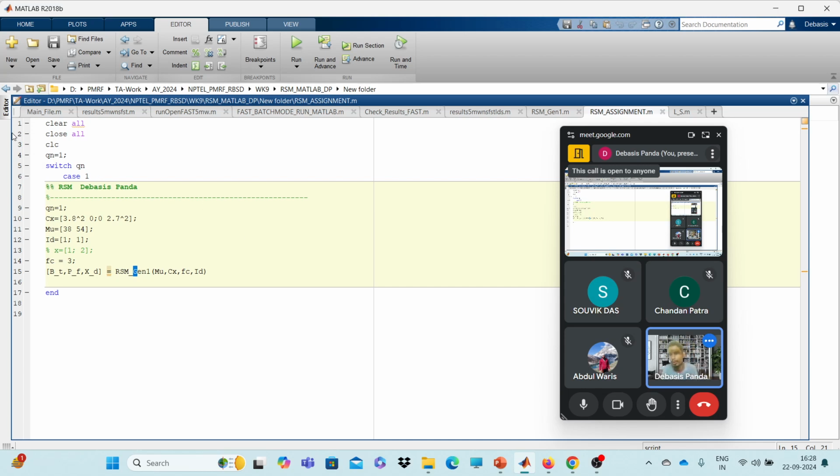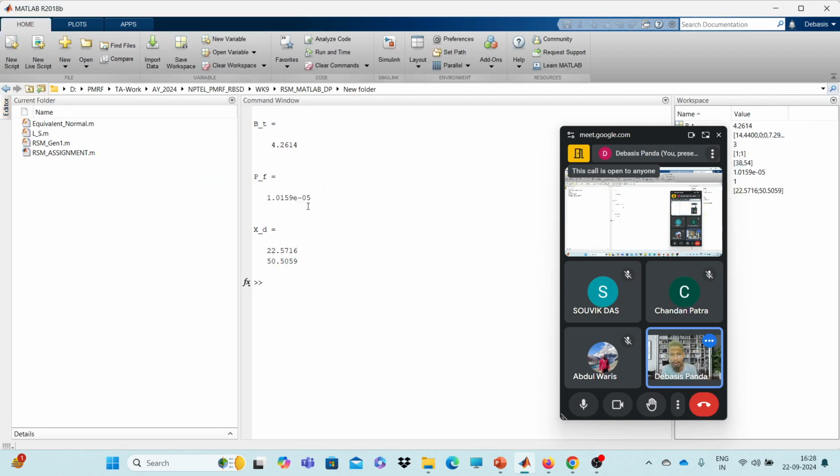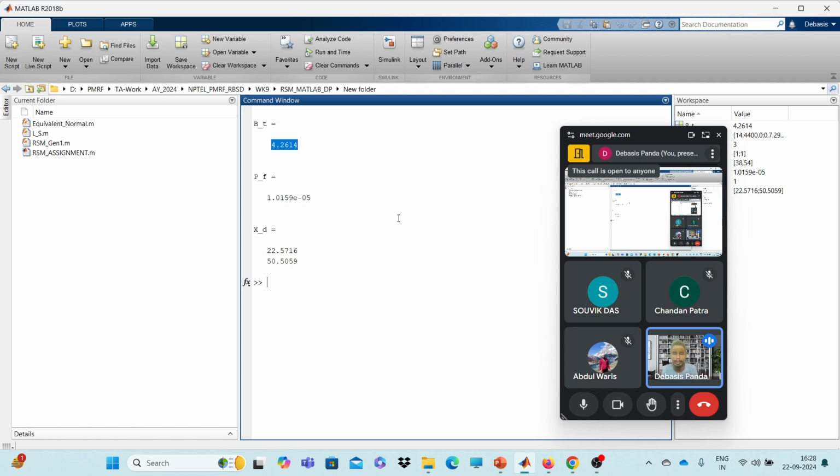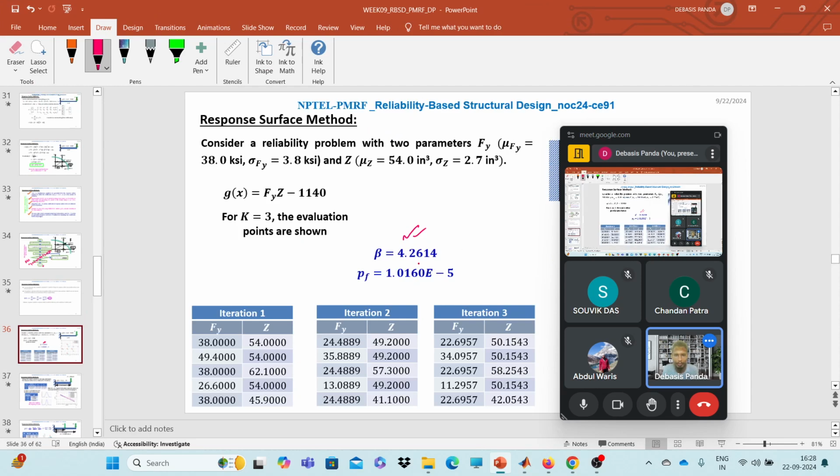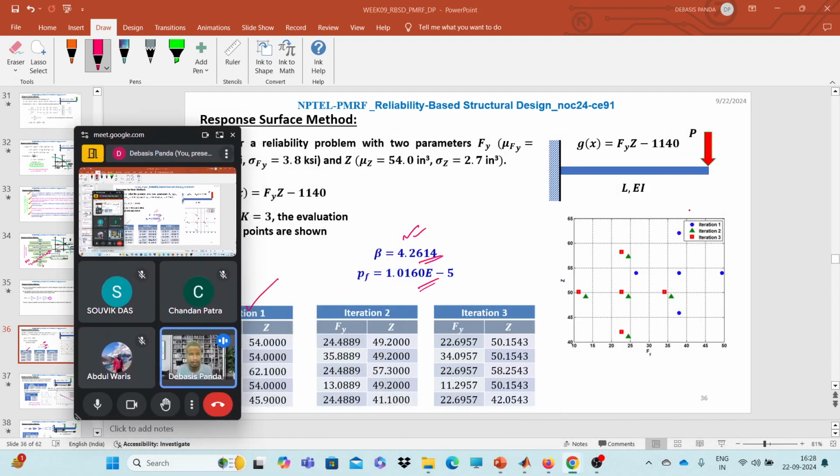So let's check what results it prints. The beta it gives me is 4.26, and precisely we are having the beta 4.26 using the first order reliability method, considering the actual limit state. Here you can see the first iteration: we have these four support points along with the mean.